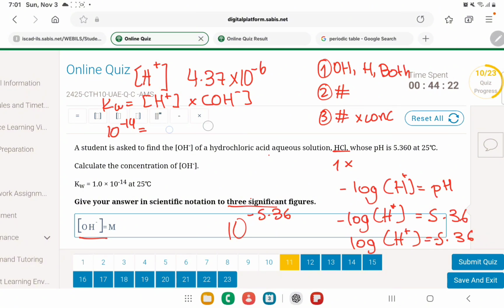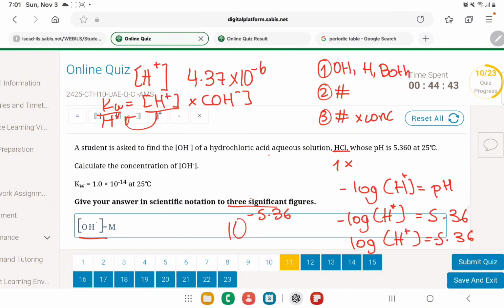So if you're using your calculator, do 10 to the power of negative 14 divided by the answer, because we're going to put the H plus to the other side, so we're going to divide by H plus.